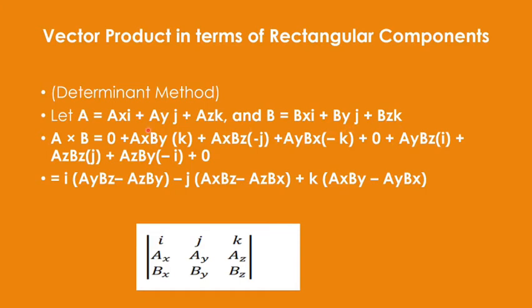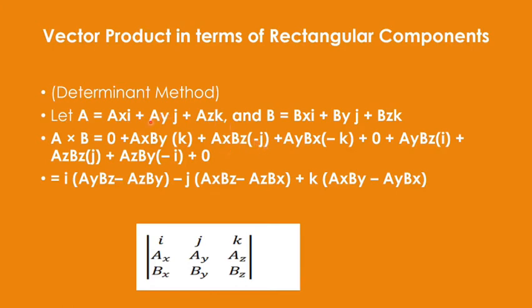Now when you take A cross B, ax i cap with bx i cap, i cap cross i cap with itself is 0. Now if you take i cap with j cap, it is k cap, so the result is ax by k cap. Similarly, when you take i cap with k cap, it comes out minus j cap, as already discussed, so ax bz will come with minus j cap.